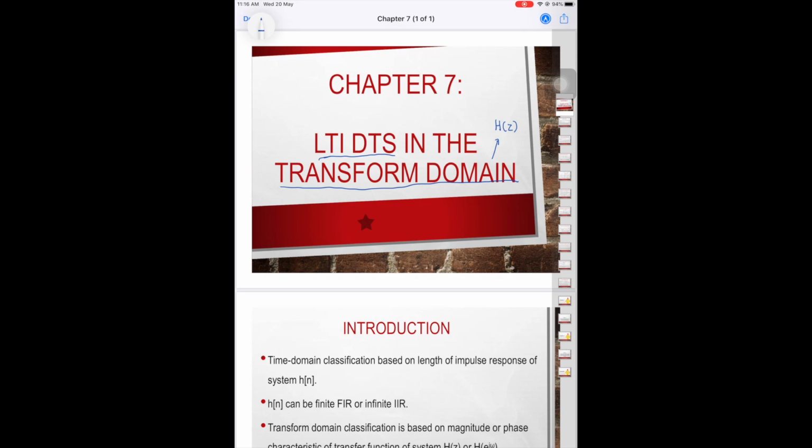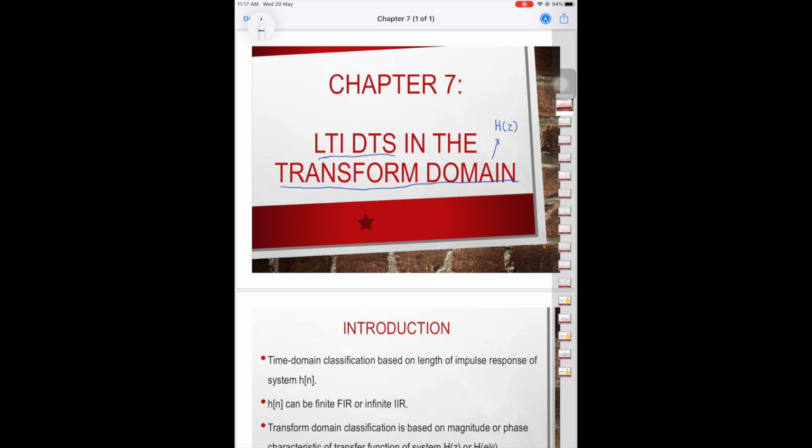Alright, so when we talk about Z, maybe some of you may wonder why we have chapter 6 and why we have chapter 7. Basically, chapter 6 is for us to determine the ROC. For you to determine the ROC, you need to have the pole value.